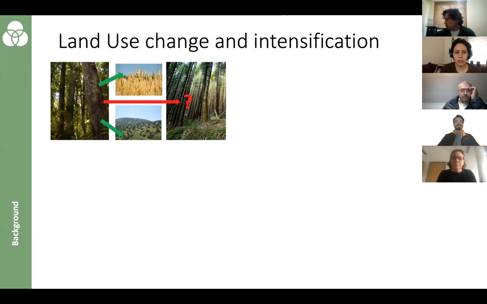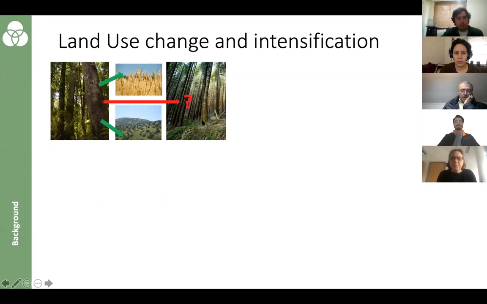But forests many times throughout history have been changed into more intensified uses, mostly agriculture or pasture. And this is currently still happening. There are some countries, like Chile, in which deforestation has come to a stop. But in many other developing countries, this is still a very big problem.